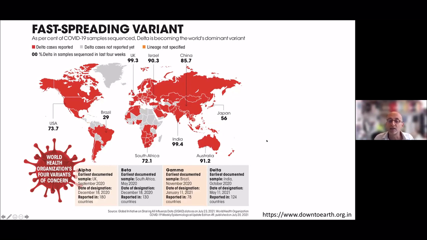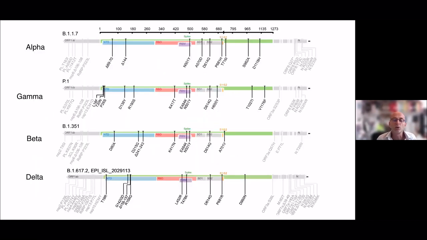So why is this variant spreading so efficiently? When you look at its sequence, it carries a number of mutations, which are depicted here, including 9 mutations in the spike. And we can classify those mutations into 3 main types. The first type are mutations which increase affinity to the receptor, ACE2, or infectivity.